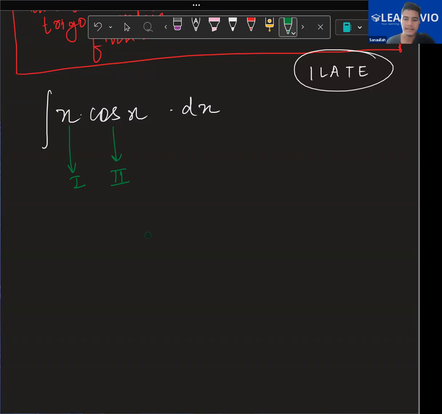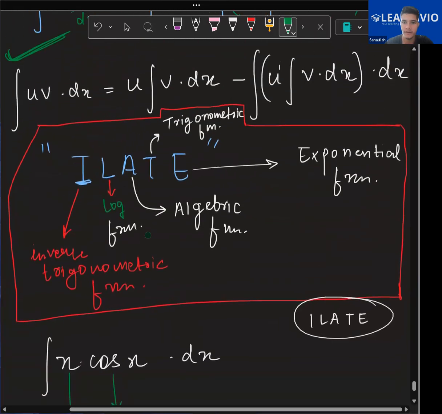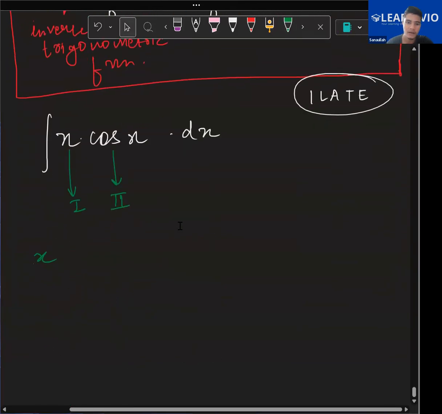Okay. So this x is the first function and cos x is the second function. ठीक है, तो उसके according मैं x को बाहर निकालूंगा. x को बाहर निकाला, then according to formula we have to integrate v with respect to dx.